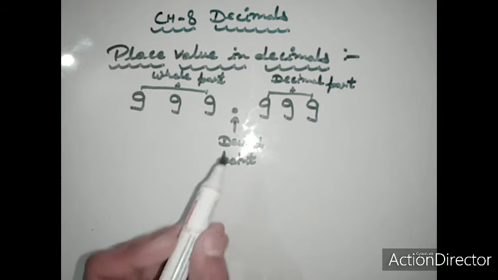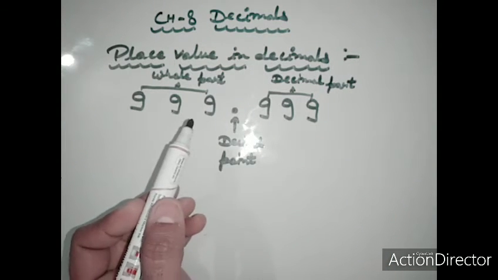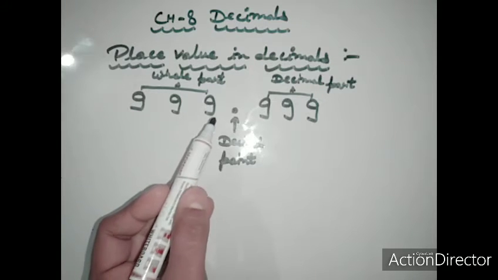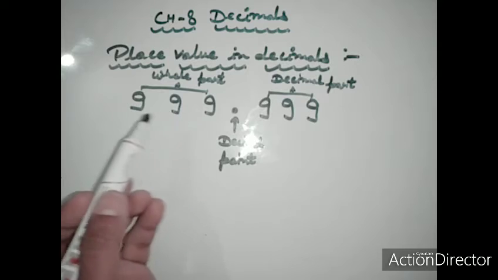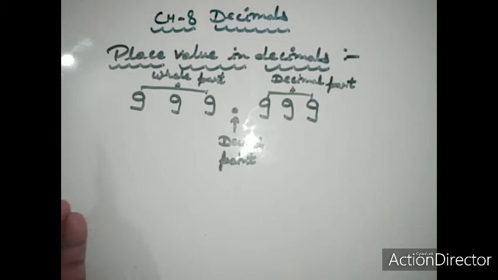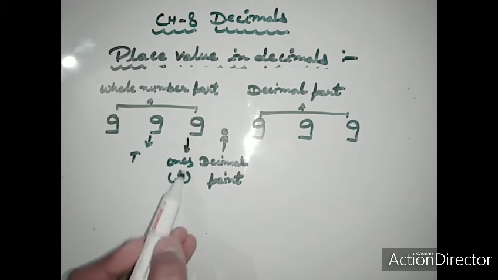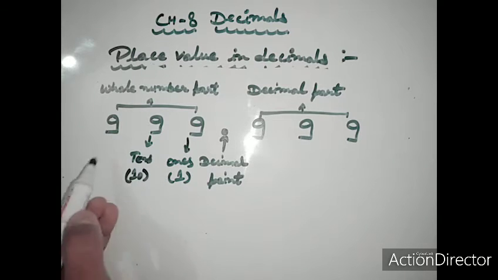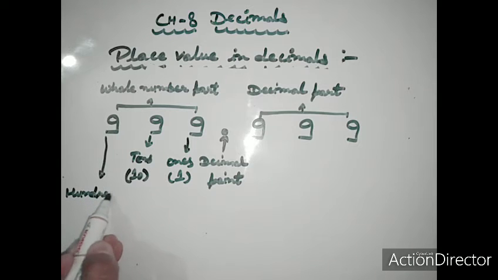Okay, now in the whole part we write the places like ones, tens, hundreds, thousands, ten thousands, lakh, ten lakh. Here we write ones place, then tens place, then hundreds.